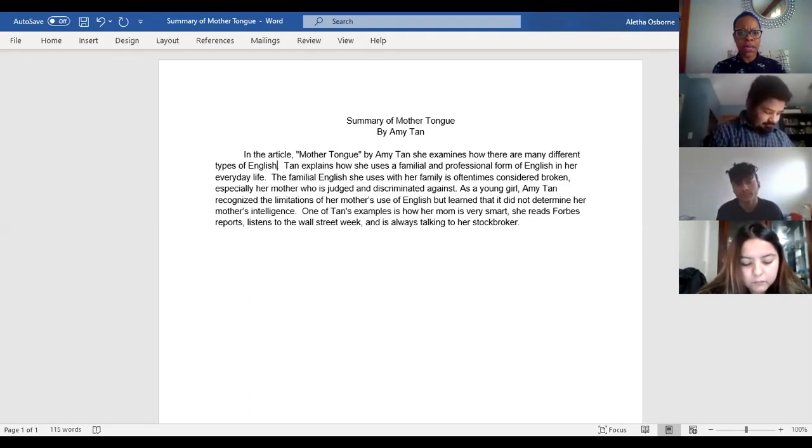As a young girl, Amy Tan recognized the limitation of her mother's use of English, but learned that it did not determine her mother's intelligence. One of Tan's examples is how her mother is very smart. She reads Forbes reports, listens to Wall Street Week, and is always talking to her stockbroker. Those are our good paraphrased details. Good. What else should we add? What do you guys think?